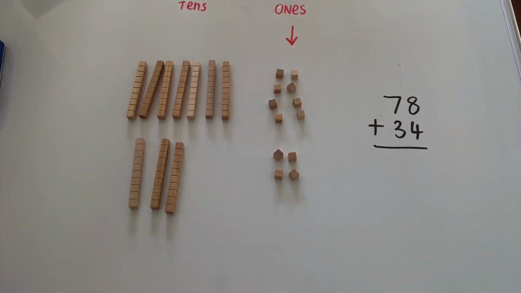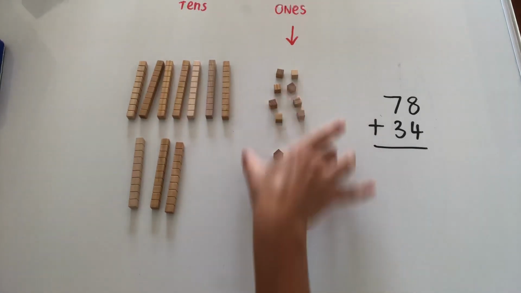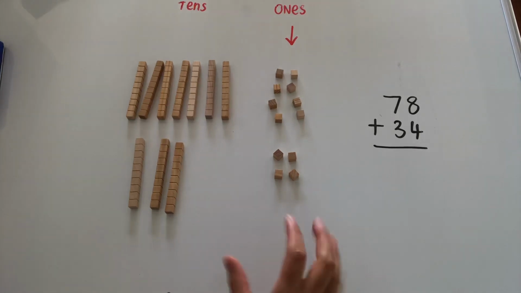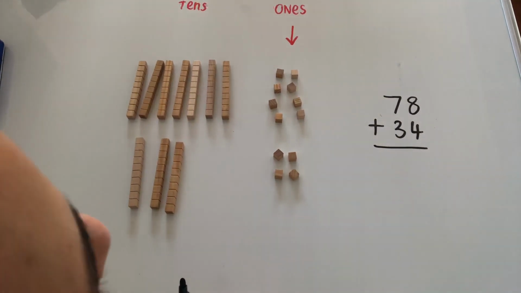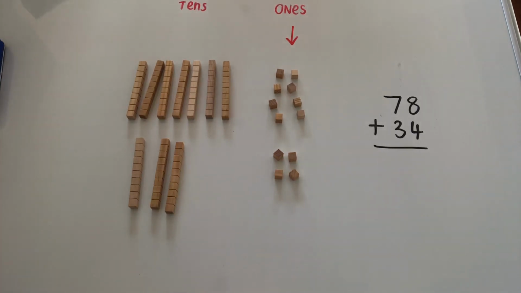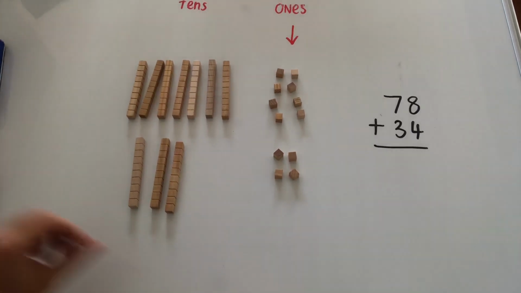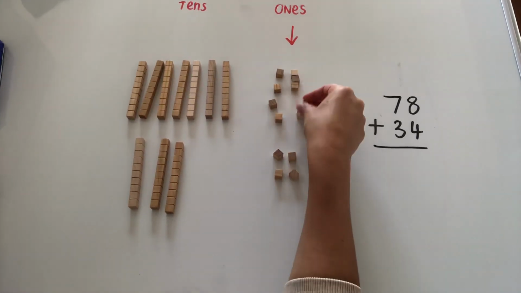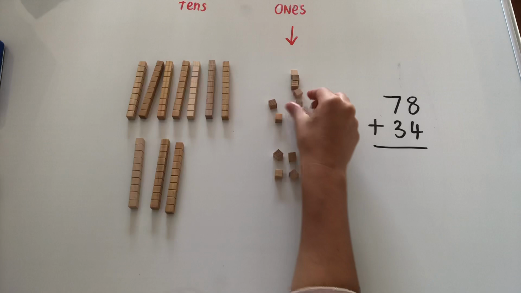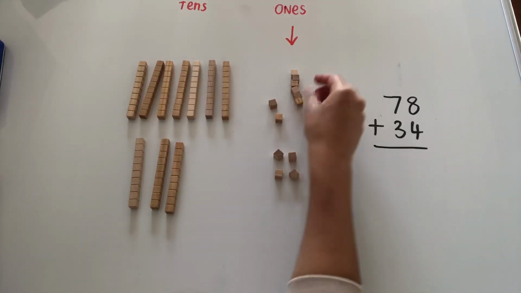So that means I've got 12 ones. Remember, I can't put it all down in this column because I can't have 2 digits in my ones column. So I need to rename it. 12 ones is the same as saying 1 ten and 2 ones. And we can see that when we join our ones up, it makes one of our rods.